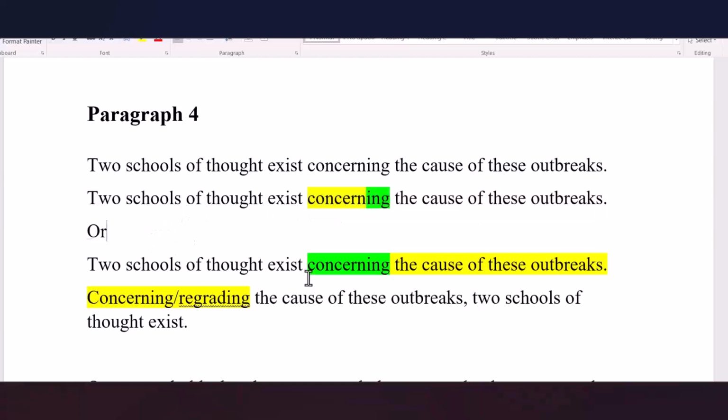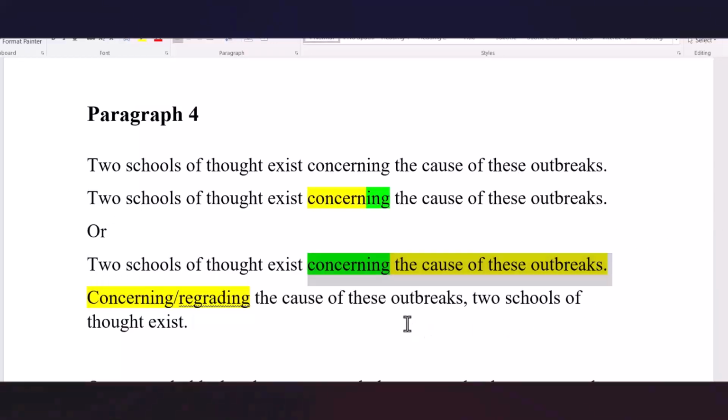Another interpretation is that this clause is a prepositional phrase. Actually, since concerning is a preposition, and what comes after concerning is a noun phrase, we can look at this clause as a prepositional phrase.